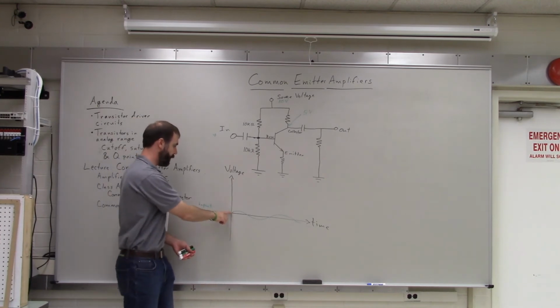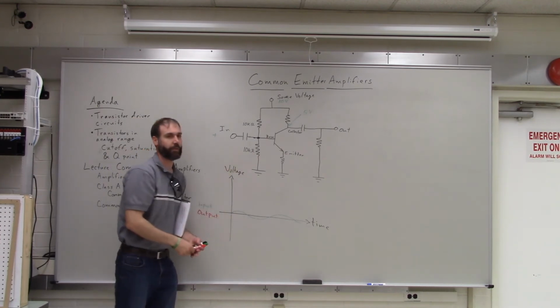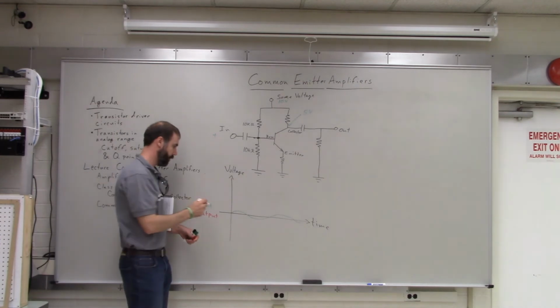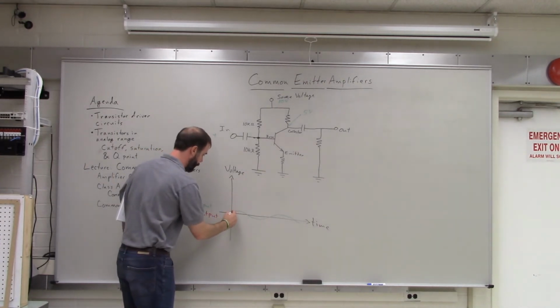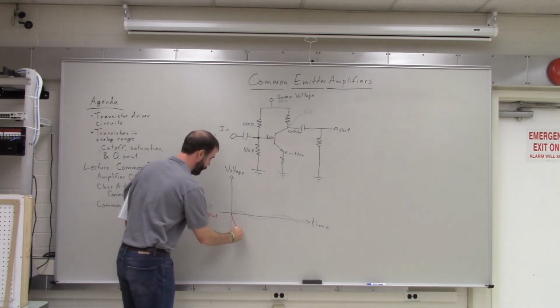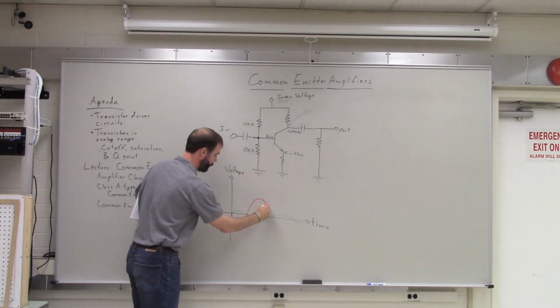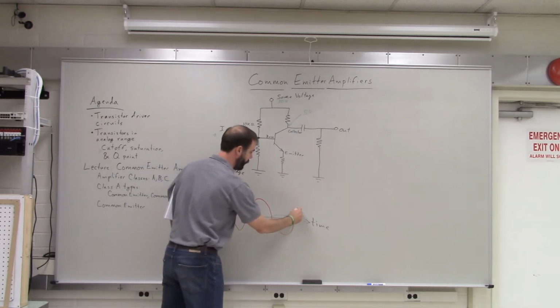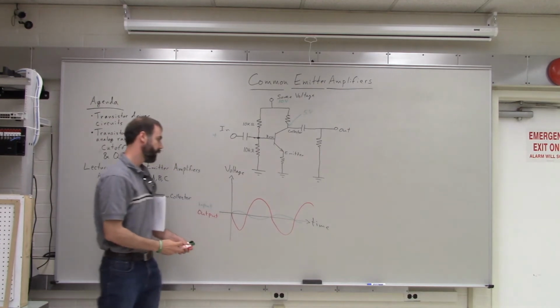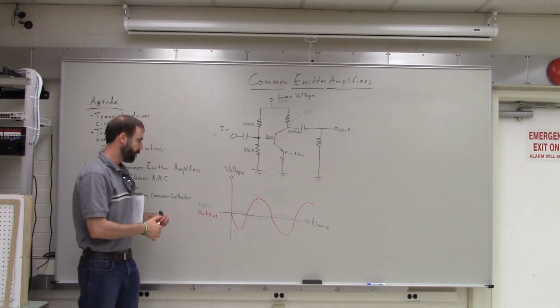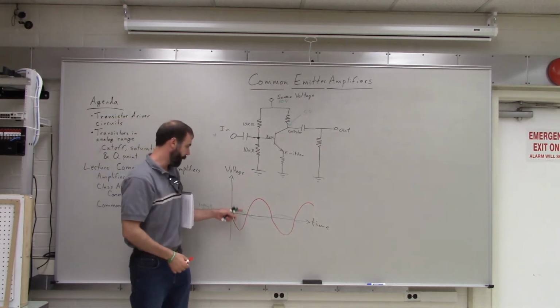So when our input signal goes up, the output signal goes down. Okay? So our output is going to look more like this. So every time the input goes up, the output goes down.